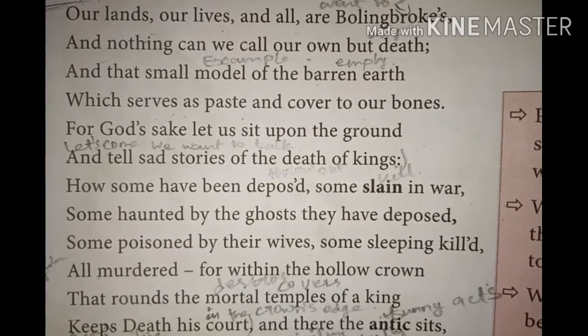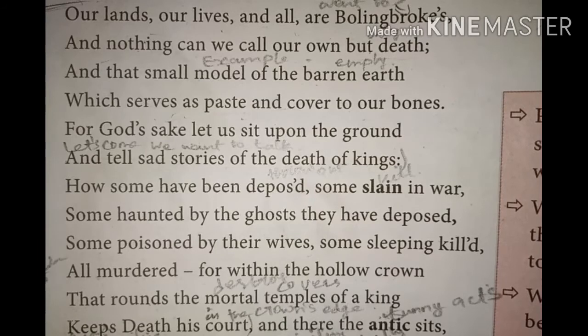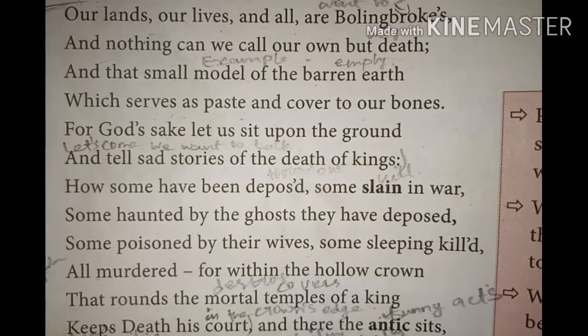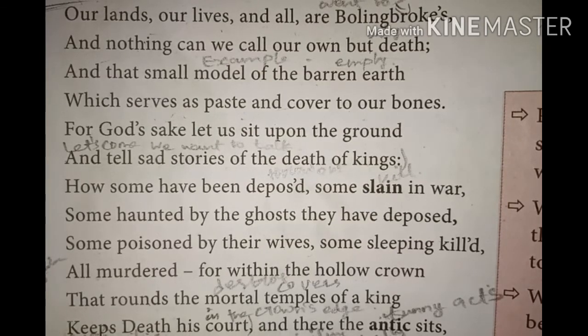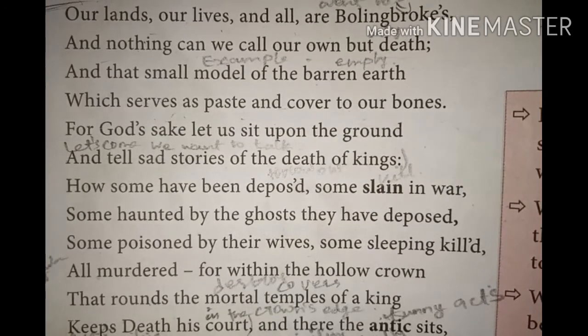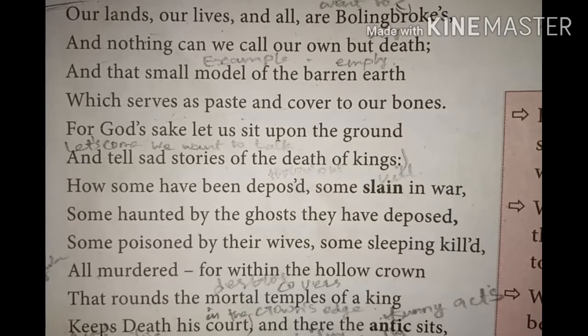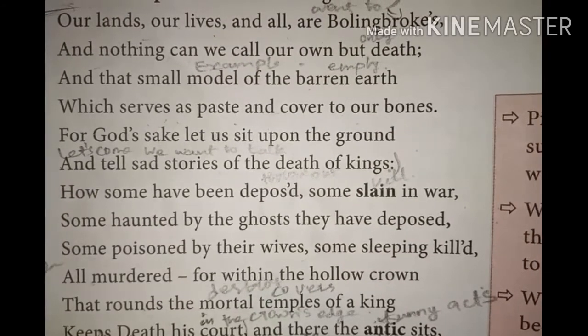Some died in the war, some were haunted by the ghost, some were deposed, some were poisoned by their wives, and some were killed while sleeping. Everything is murder. They always die, and they were murdered just for the hollow crown.